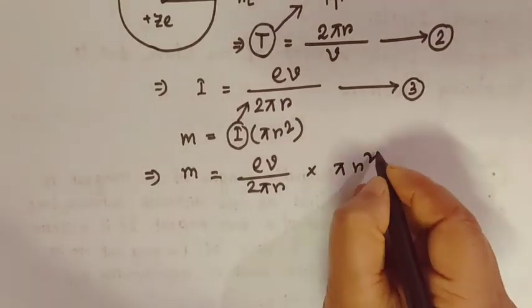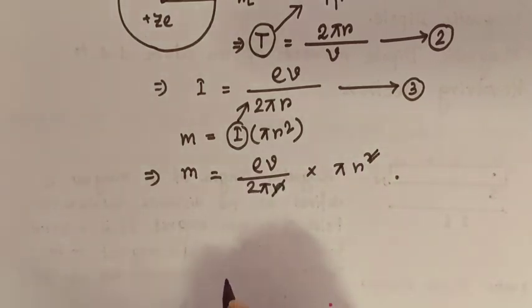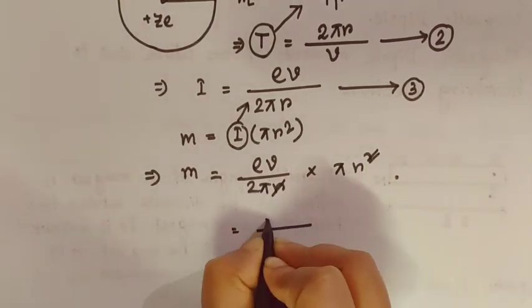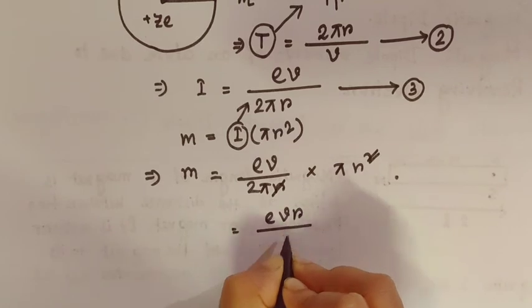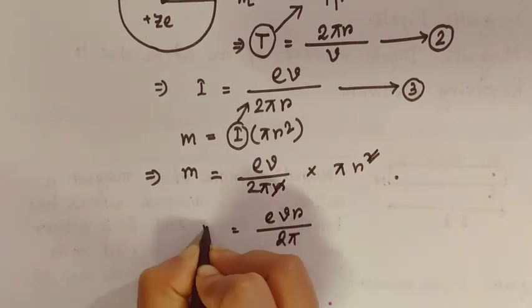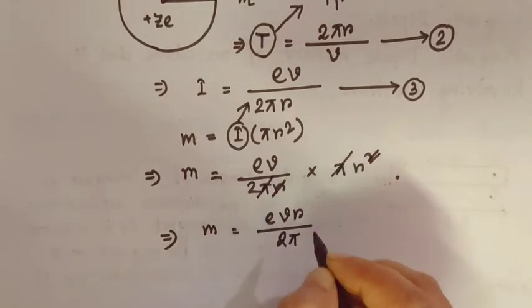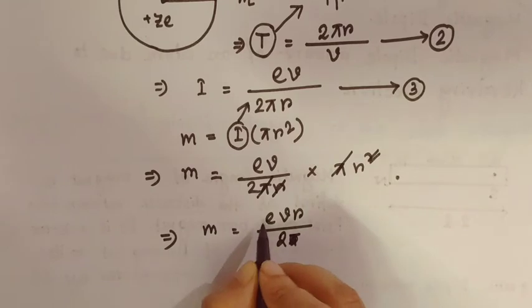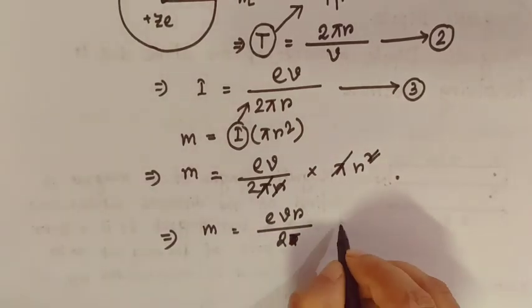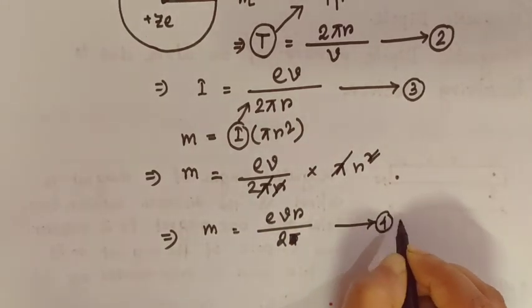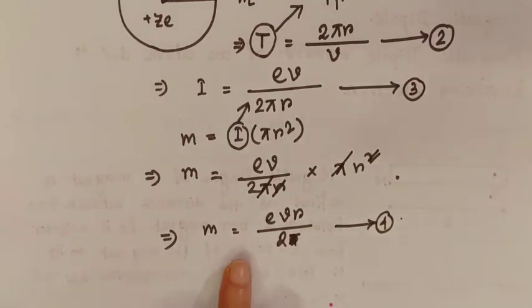Okay, so one r cancels out, then we get evr by 2 pi, and pi also cancels out, so M is equal to evr by 2. Give this equation number 4. And the direction of this magnetic moment is perpendicular and into the plane of the paper.